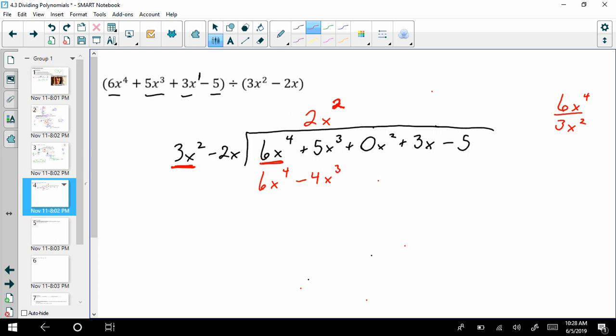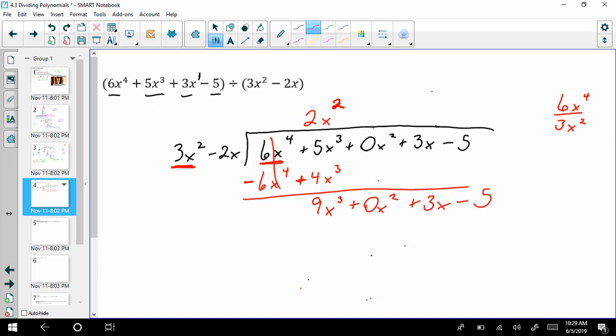Now we change the signs, so minus, plus. First set cancels, and now let's combine what's left. So we have 9x cubed, 0x squared, 3x minus 5.